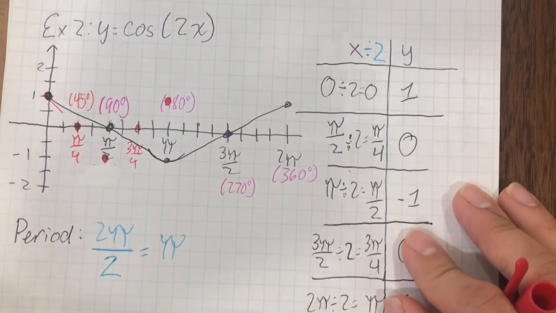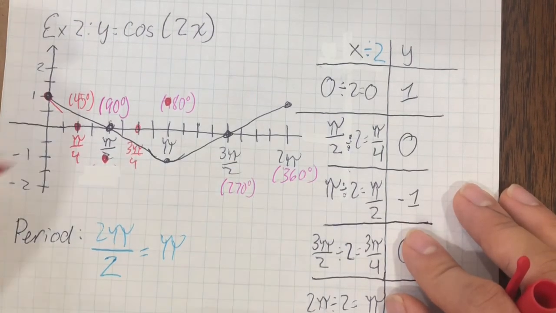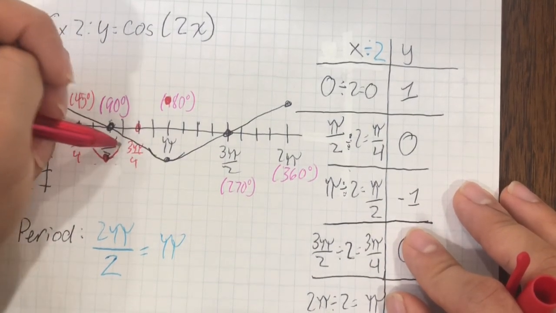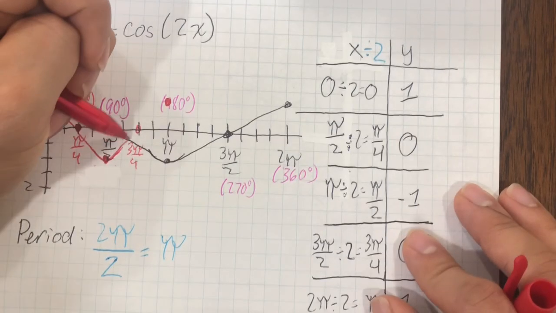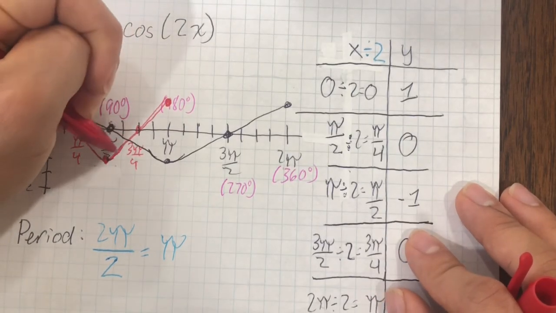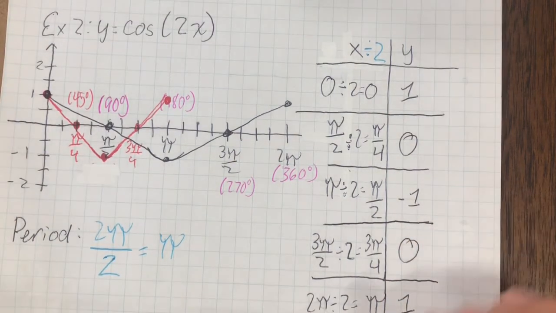So I'm going to make a curve in the middle. And then I'm going to connect my new points, which are the red points. All right. So we see that from the black graph to the red graph, the graph kind of shrunk horizontally. All right. So this would be my new graph for y equals the cosine of 2x.